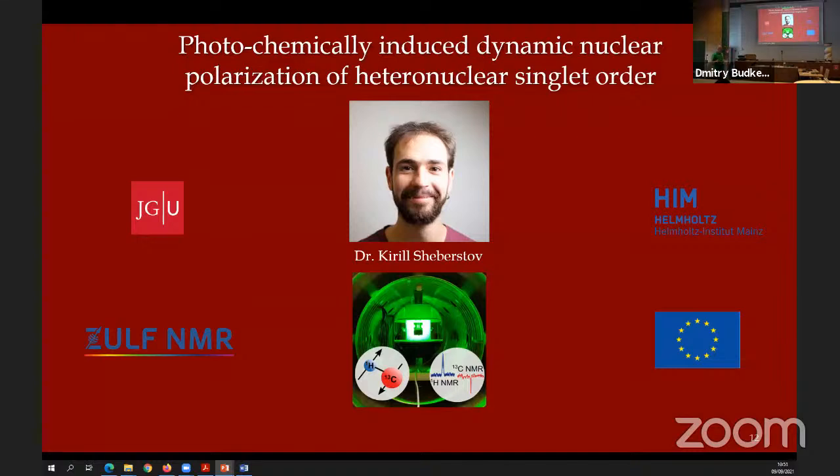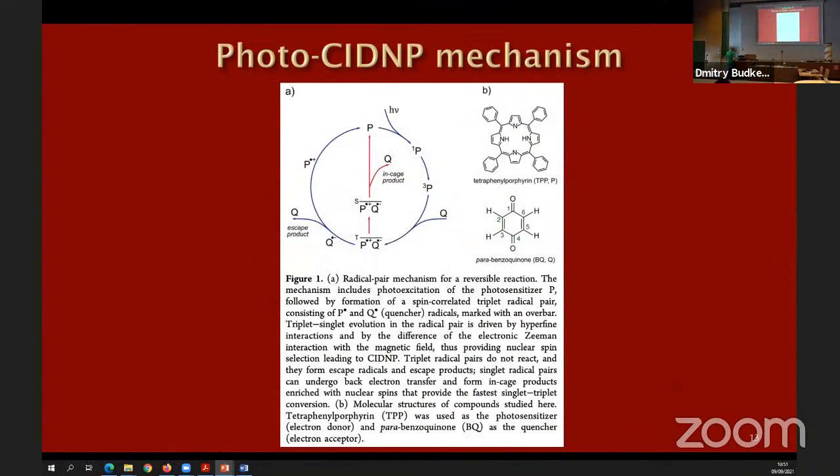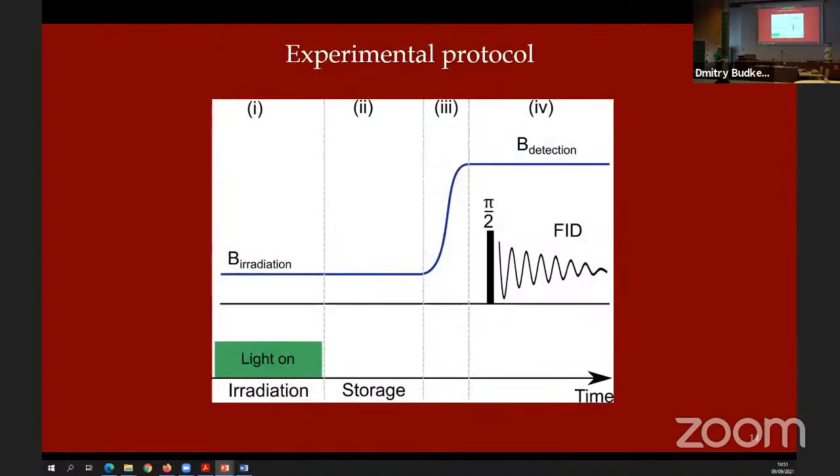So it resembles that, even though the details are different. Here you have some kind of a spin sorting mechanism that is actually fairly complicated, but the result is that, like I said, you shine the light, you have polarized nuclei.